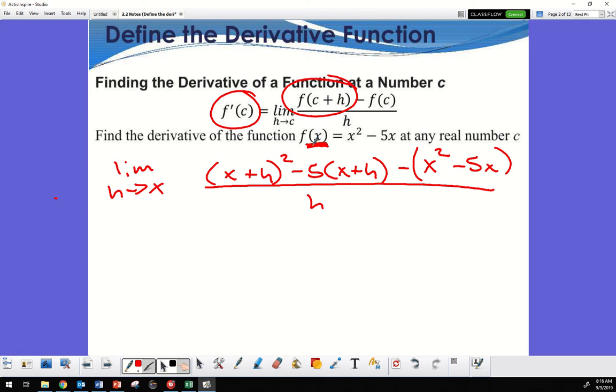So now I put x plus h squared, because it says x squared, and then minus 5 times x plus h, then minus f of c. Now, this is where everyone is going to make a mistake. Put a parentheses here, because I have to distribute the negative across my f of c function. That's always going to be one of those little things that catch a lot of people.